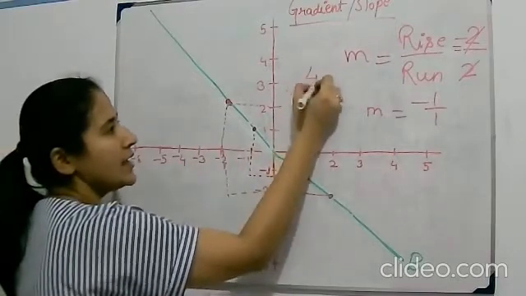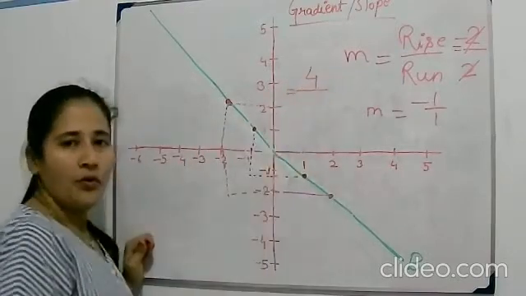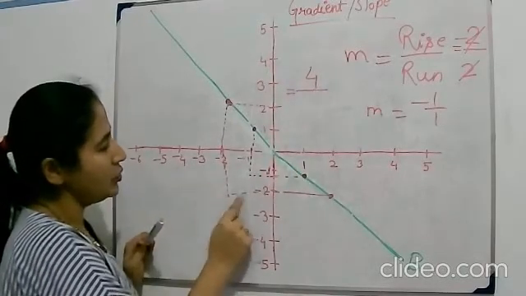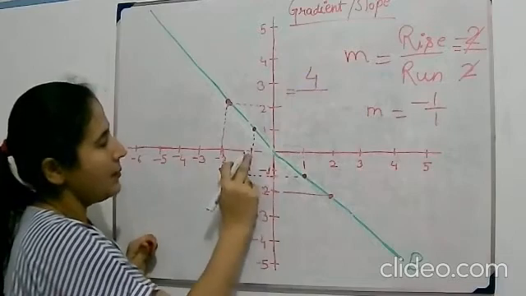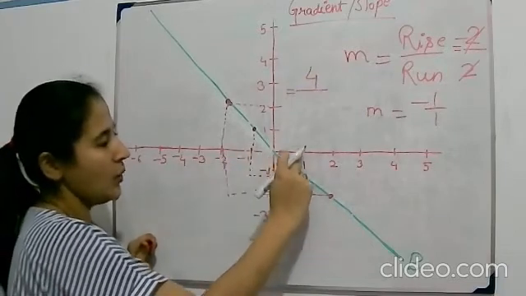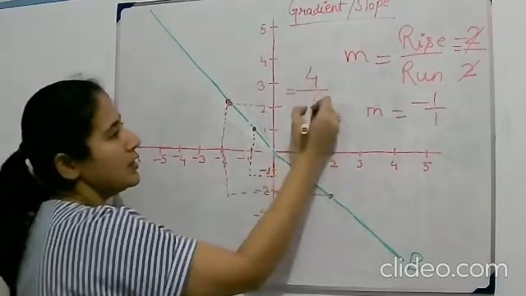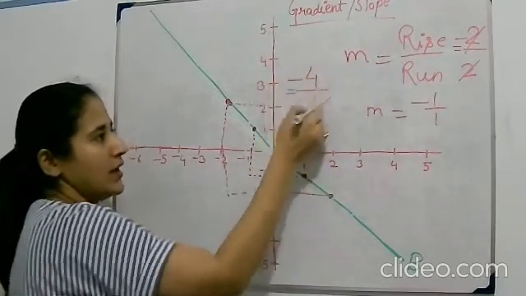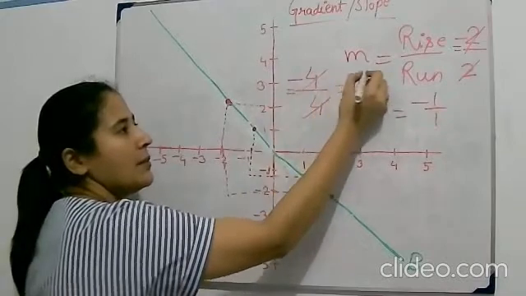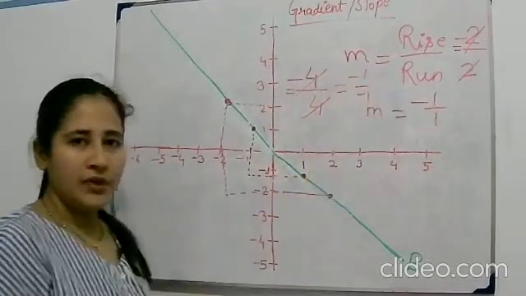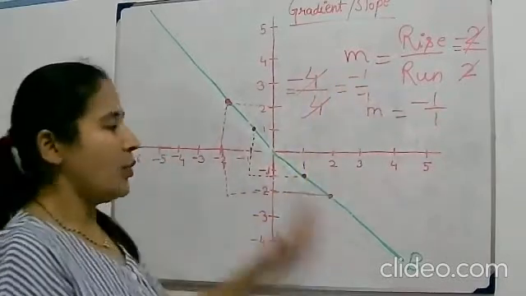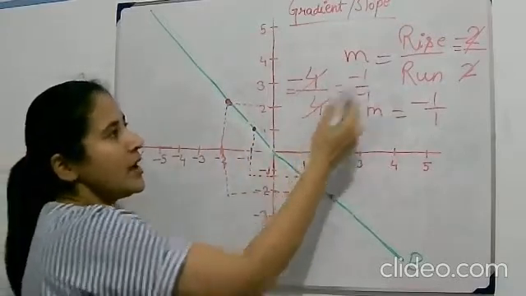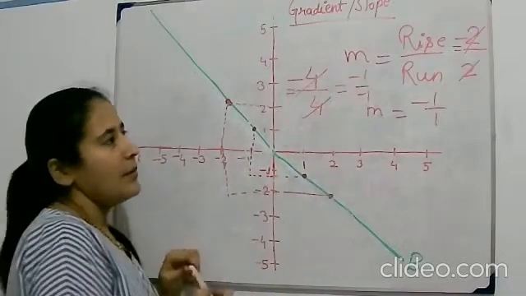That means rise is equal to 4. What about run? Here -2 to -1, -1 to 0, 0 to 1, and 1 to 2. So that is also 4 units. Negative slope, so negative sign here, 4 cancels out, -1/1. That means wherever you take 2 points, the value should be the same. So the slope is -1/1.